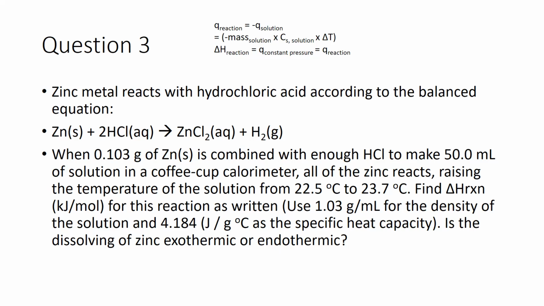You're going to assume all the zinc reacts and the temperature of the solution goes from 22.5 C to 23.7 C. I want you to give me delta H for this reaction if the density of the solution is given there and the heat capacity is 4.184. And tell me, was this exothermic or endothermic?